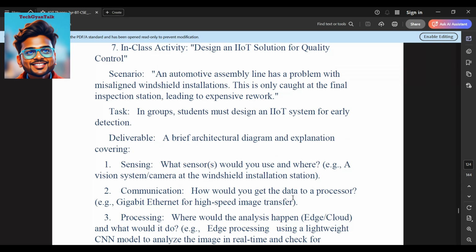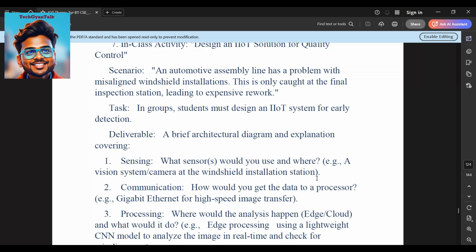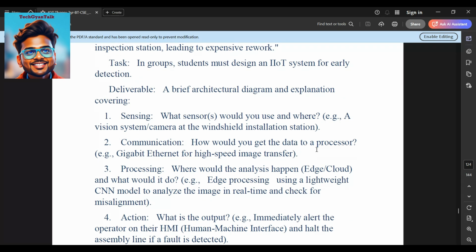architectural diagram and explanation covering sensing: what sensors would you use and where? Example, a vision system camera at the windshield installation station. Communication: how would you get the data to a processor? Example, gigabit Ethernet for high-speed image transfer. Processing: where would the analysis happen, edge or cloud, and what would it do?